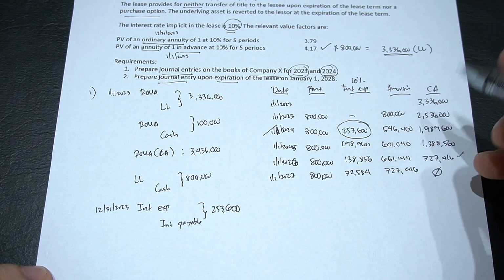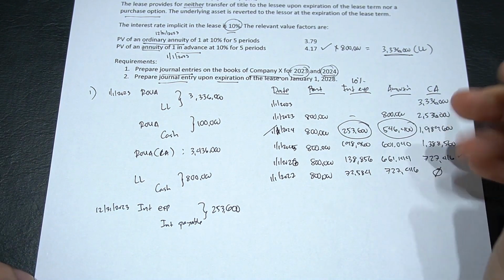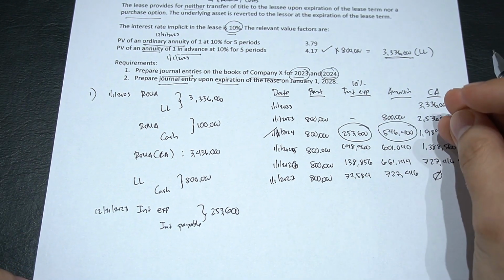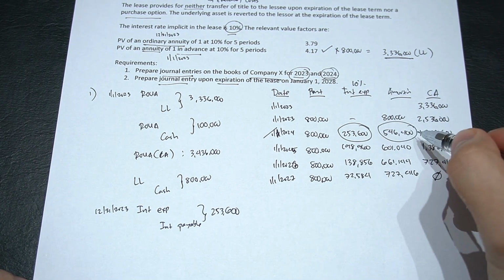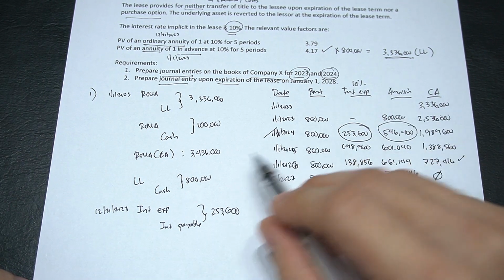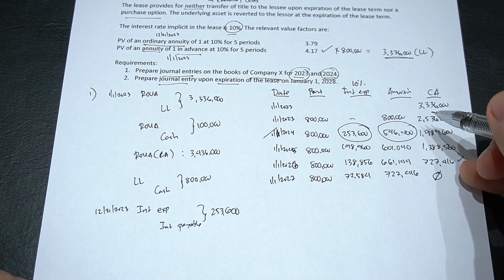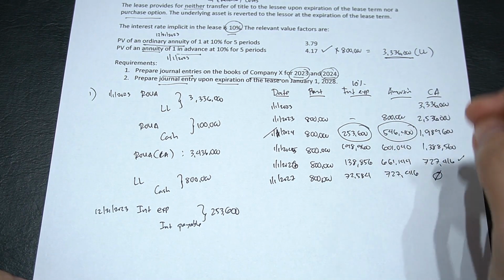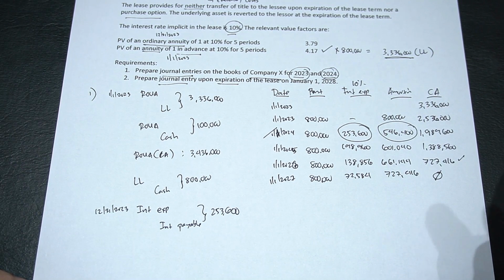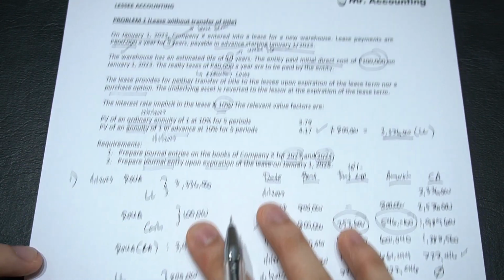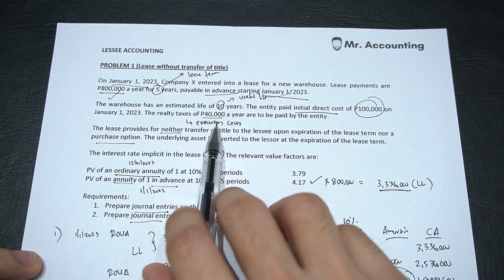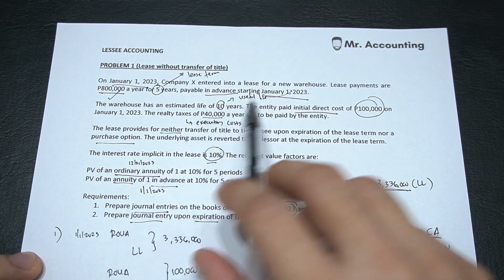Okay? Now, yung 546,400 or yung lease liability mo, yung debit lease liability, hindi mo pa yan lalagyan ng entry as of December 31. January 1 ka pa mag-e-entry for this one. Okay? Because January 1 pa siya babayaran. Alright? So, ano pa nangyari, class, sa problem? Meron tayong executory cost, realty taxes na 40,000.